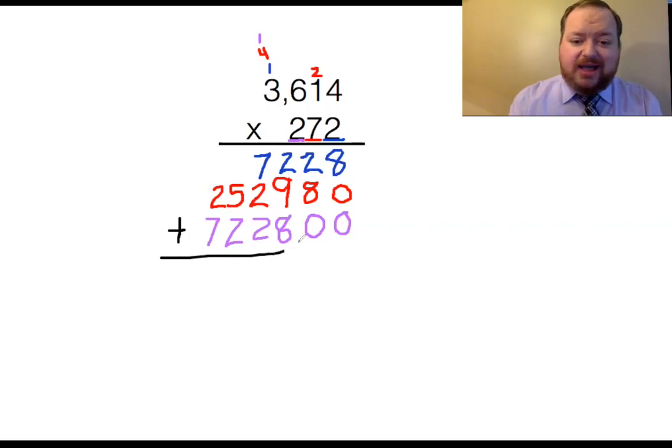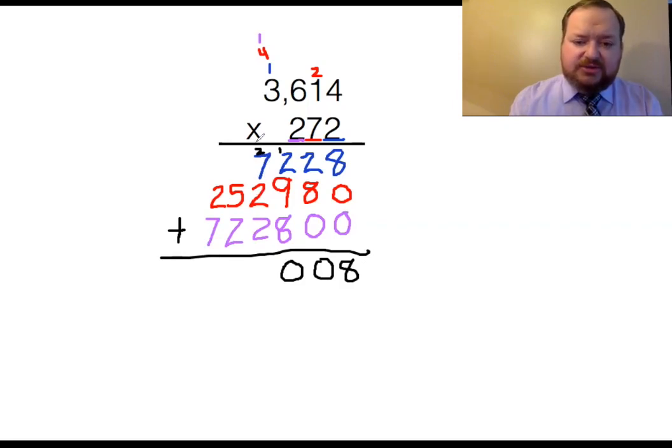And now, with basically all my partial products there, I'm going to add them all together. So 8 and 0 is 8. 8 and 2 is 10. I have to bring up 1 right here. I can do 9 and that 1 makes 10. 8 more is 18. Plus 2 more is 20. So bring the 2 up here. I'm going to do 2, 4, 6.